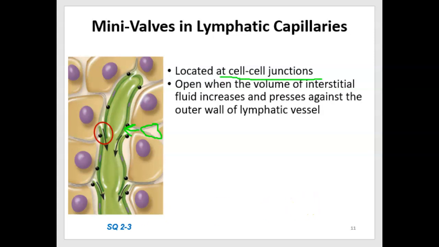If there's a buildup of lymphatic fluid, so excess lymphatic fluid, which isn't very common because it's going into the bloodstream, but if there were, and it can happen due to blockage and things, that would close the valves. So it's almost impossible to have lymphatic fluid leave a lymphatic vessel and go out to the interstitial space due to the presence of these mini valves that prevent backflow.